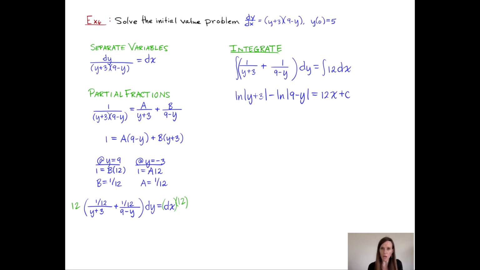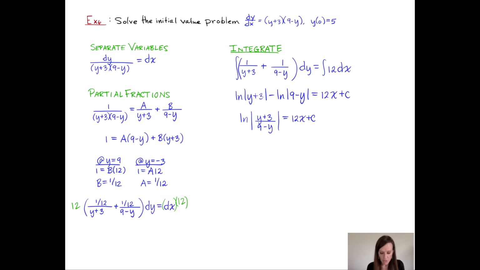Using our natural log rules, we know that the natural log of A minus the natural log of B is the natural log of A over B. And so on the left-hand side, we can rewrite that as the natural log of the absolute value of y plus 3 over 9 minus y, and that is equal to 12x plus C. And so now that we have a single natural log on the left-hand side, we can introduce e to both sides of this equation.